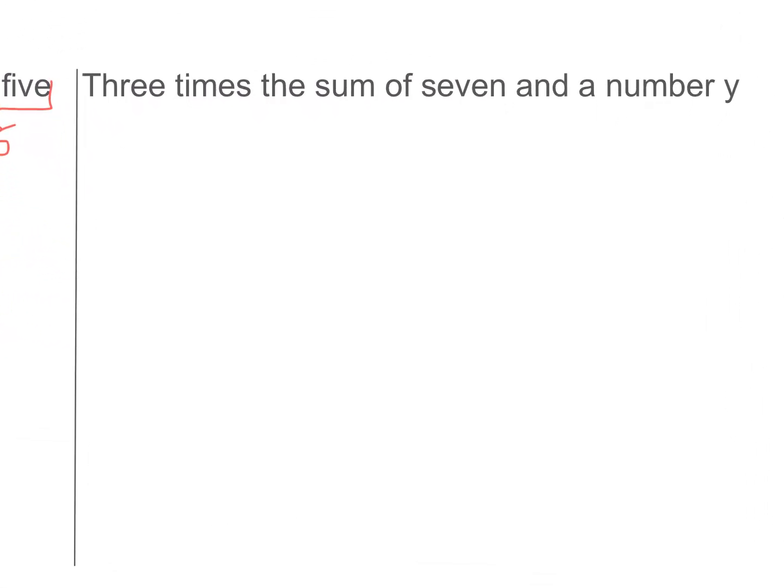Now this one we got a lot more involved with here, so we got to be careful. 3 times the sum of 7 and a number y. So start our translation. 3 is 3. Times means to multiply. The sum is addition. Of 7.